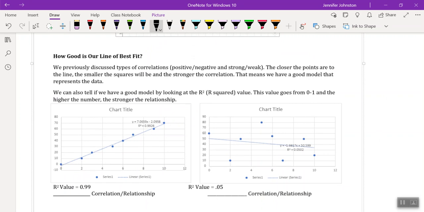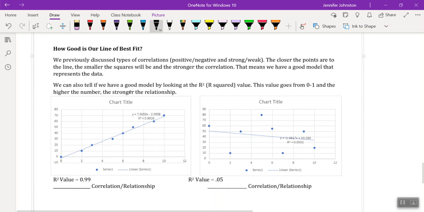When you get into higher level math, you're going to see an R squared value, which goes from 0 to 1 and tells us if it's a strong relationship or not. The stronger the relationship, the closer the value is to 1. The weaker the relationship, the closer to 0. Here we have an R squared value of 0.99, so this is a very strong relationship.